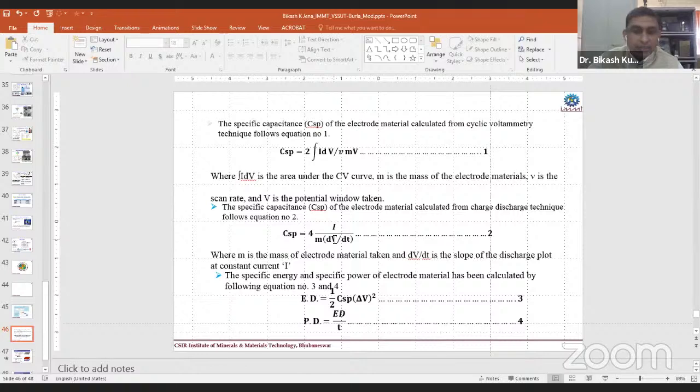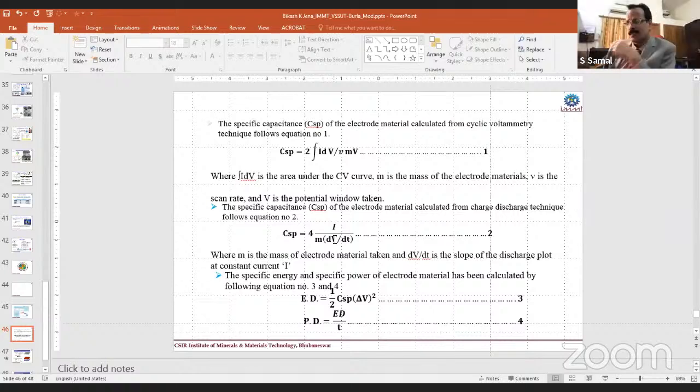If you make a thick slurry, the material will be there, but it is not going to contribute to the capacitance, because the diffusion of charge species is not reaching the material. So there is no protocol on how much layer should be developed, but you have to develop such a thin layer that your material is easily accessible to all the charge species or diffusing ions. That should be the idea. How you develop and put the material on the substrate plays a major role in getting the supercapacitance property.